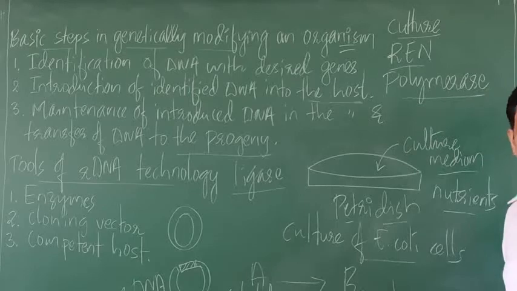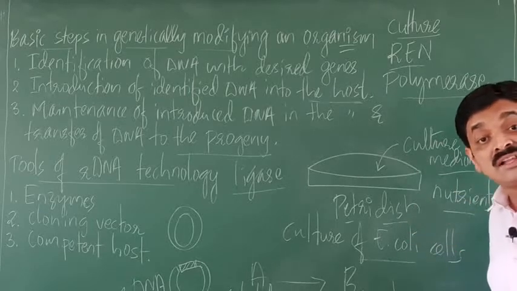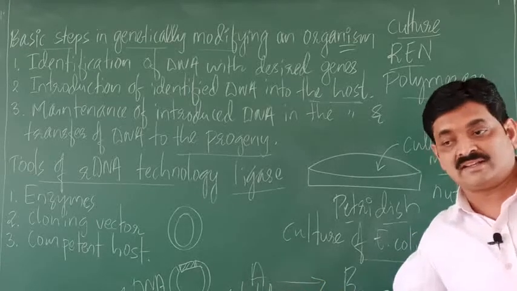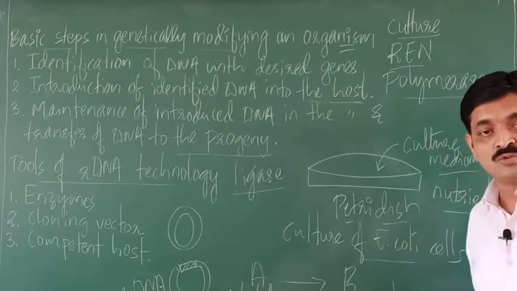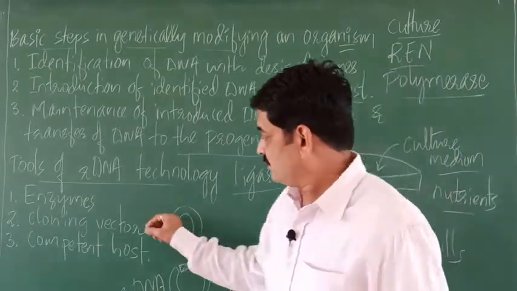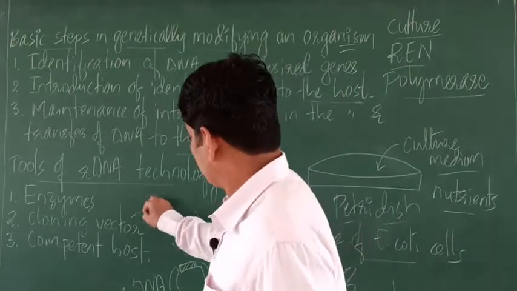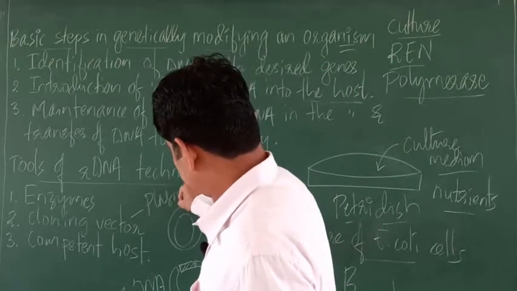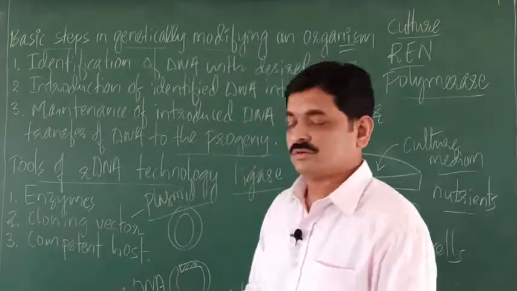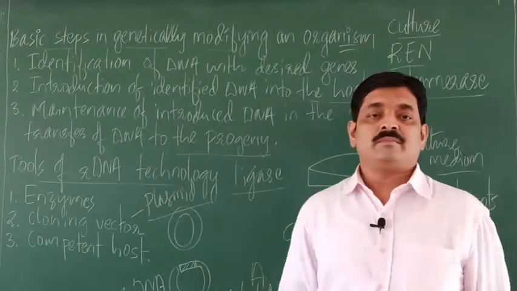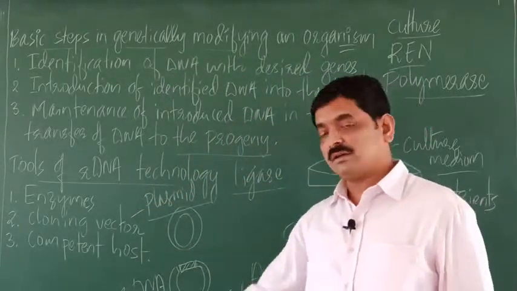So genes are passed or introduced or transferred from the selected organism to the host by using a vector which is commonly called a plasmid. So the cloning vector is plasmid. Plasmid can be taken as an example of a cloning vector.